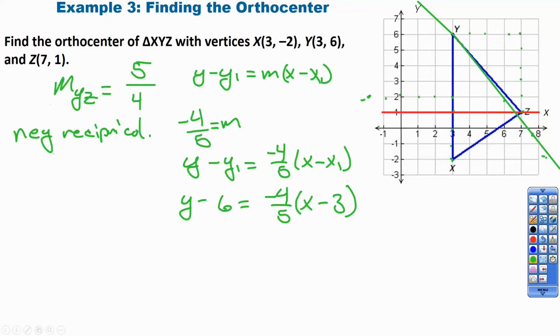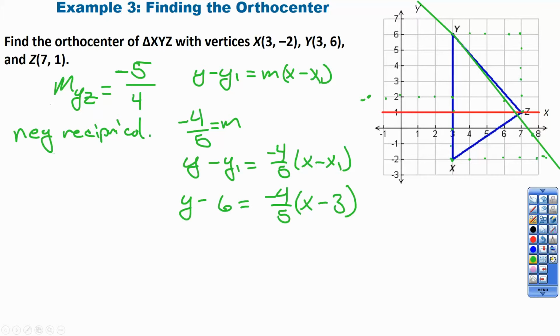Rise over run, negative reciprocal. Oh, we go to the right, 1, 2, 3, 4, 5. And then we go down 4. Oh, this is negative. That's what's going on.